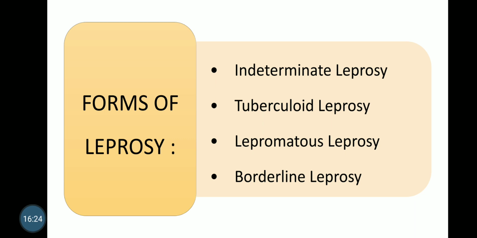It is characterized by some localized hypopigmentation of the skin and loss of sensation. If proper treatment is not given, or healing does not occur, this indeterminate leprosy may progress towards tuberculoid leprosy or lepromatous leprosy.